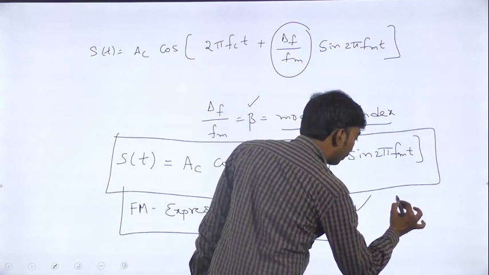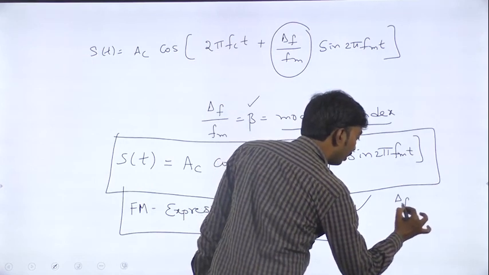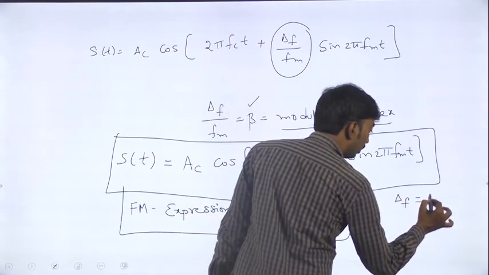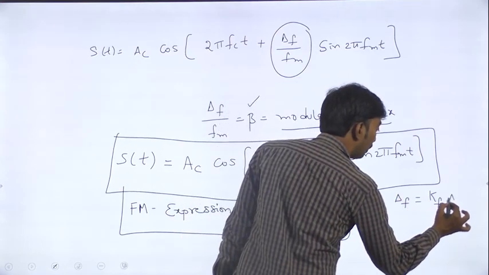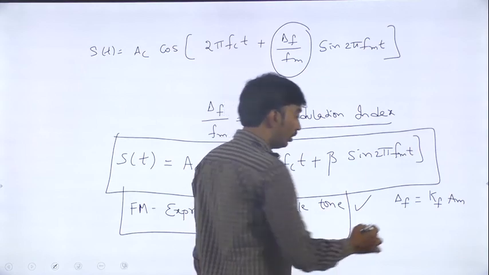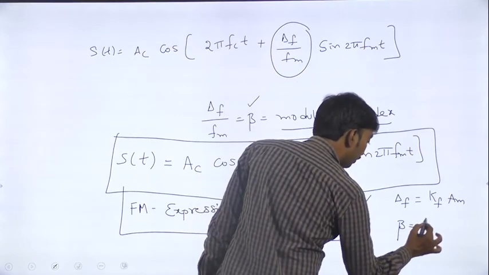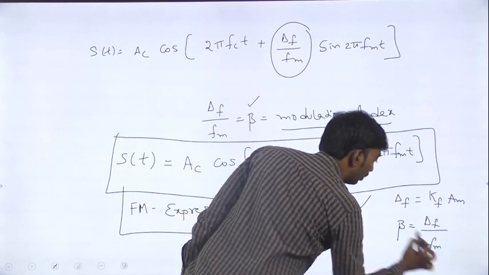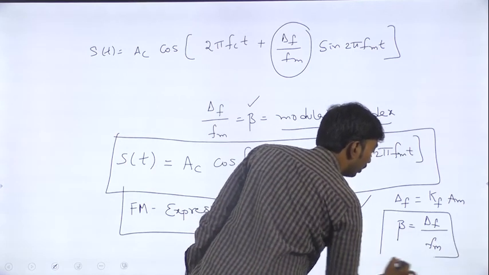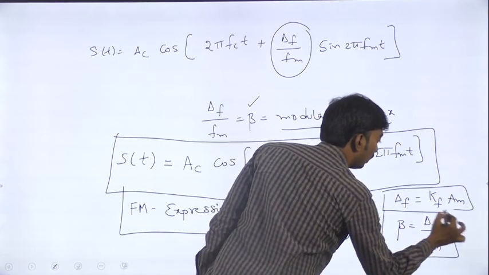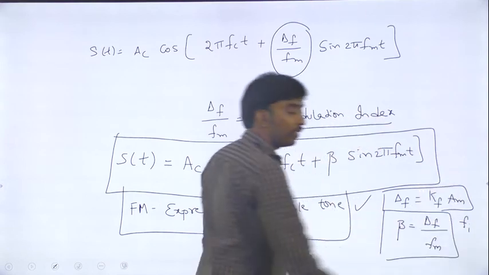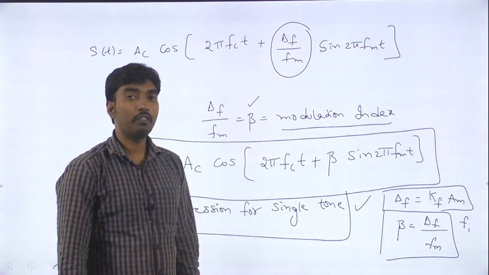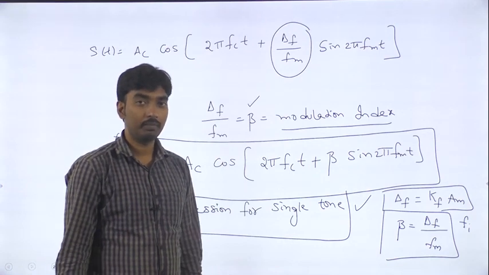One is delta f, which is equal to kf into am. Another one is beta, which is equal to delta f by fm, and then fi, instantaneous frequency. So these three we should carefully understand. Thank you.